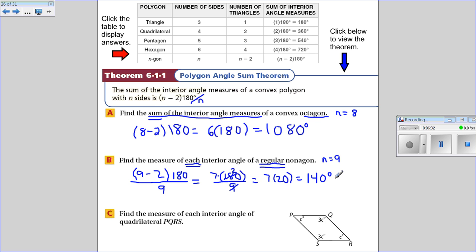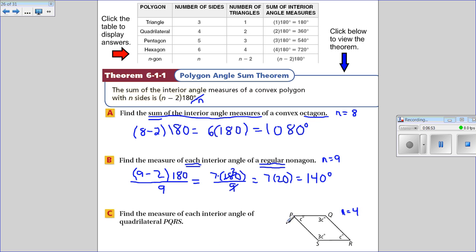There's yet another type of problem. What if we don't know that it's a regular shape, and we actually know that it's irregular, and these are different measurements, and we want to find out what each of these measurements are? Well, we know this is a quadrilateral, so n is equal to 4.